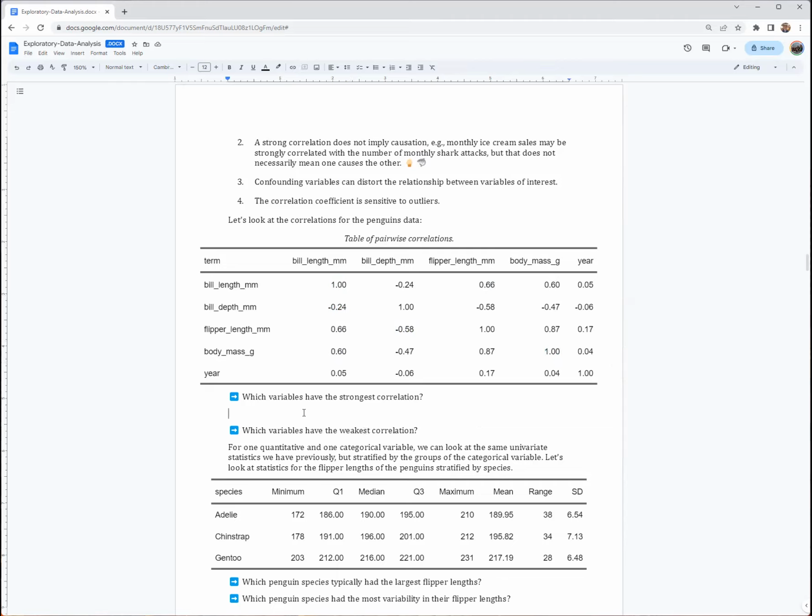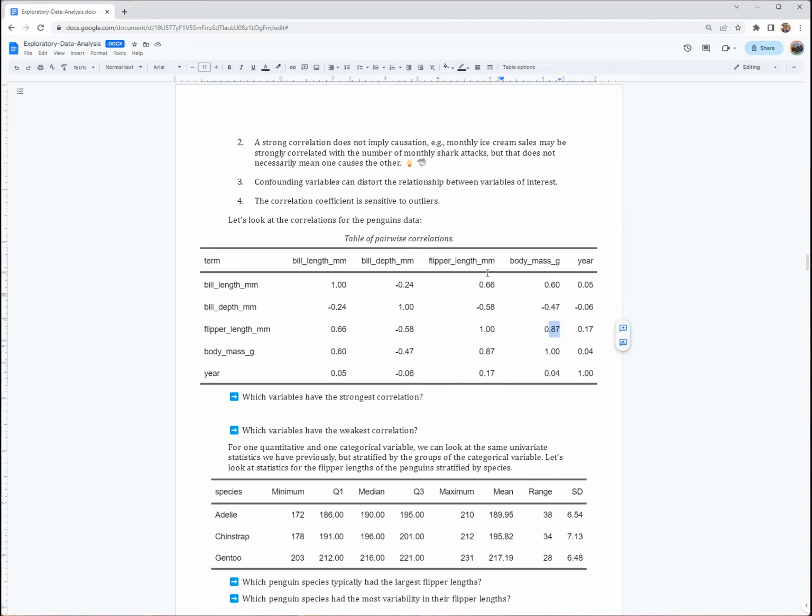So which variables have the strongest correlation? Not counting the variables with itself. Okay. So the strongest is not necessarily the most positive. You can have a strong negative correlation. So let's look at what the biggest value is. Looks like 0.87. Okay.